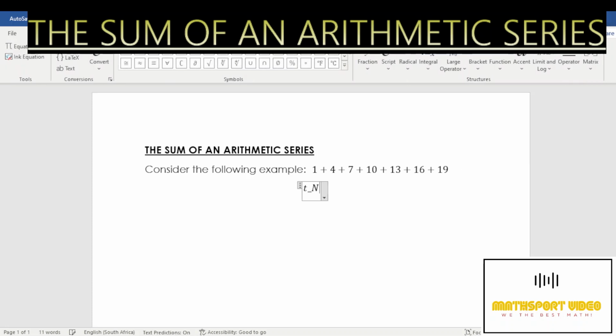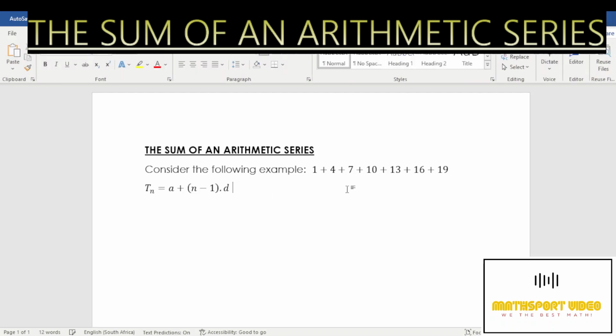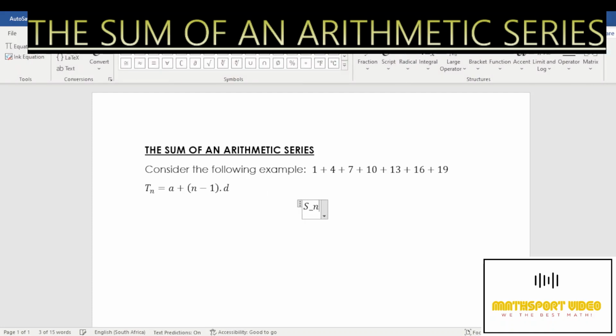Right, so a formula that you should be familiar with is the general term formula. This is a formula which I've shown you in previous videos, to work out a particular term in a sequence. But there is another formula that you need to know which goes a little bit like this.